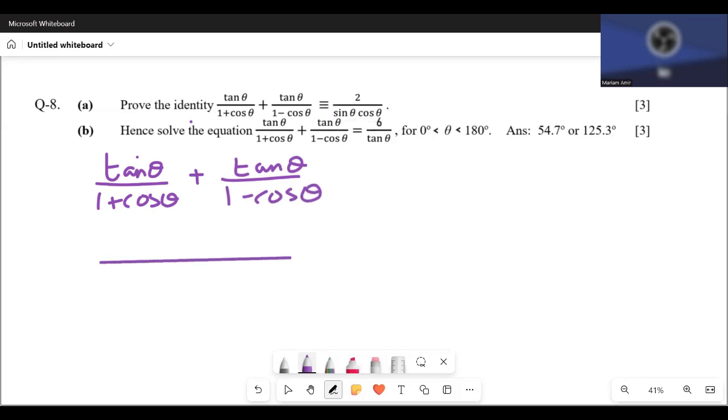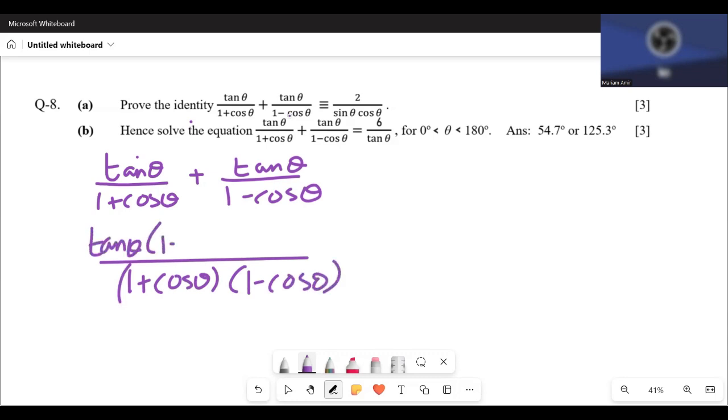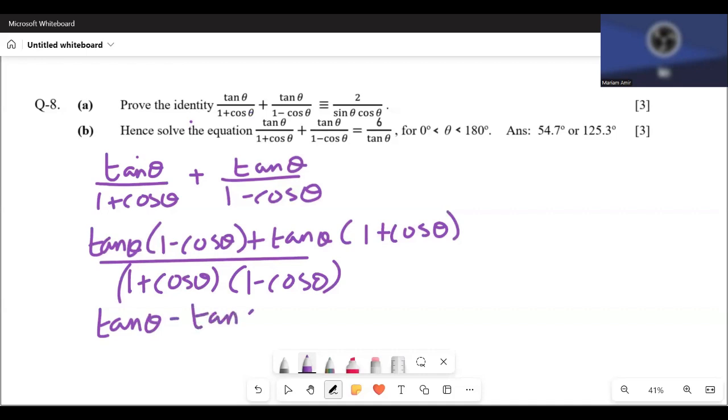We're going to change this into a single fraction by taking LCM. And the numerators become tan theta times 1 minus cos theta plus tan theta times 1 plus cos theta. Expand the numerator and some values will get cancelled.